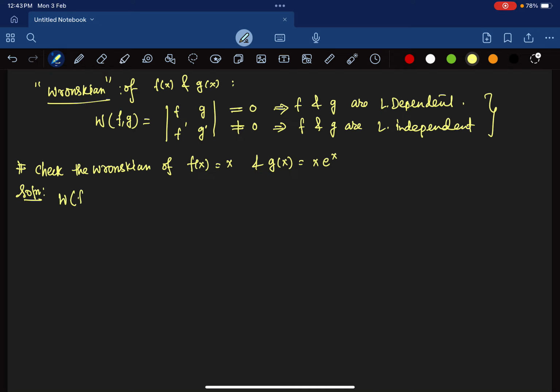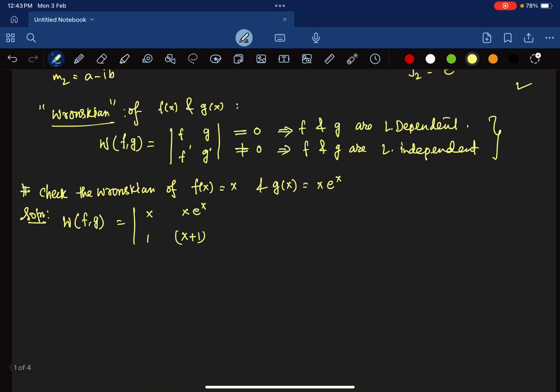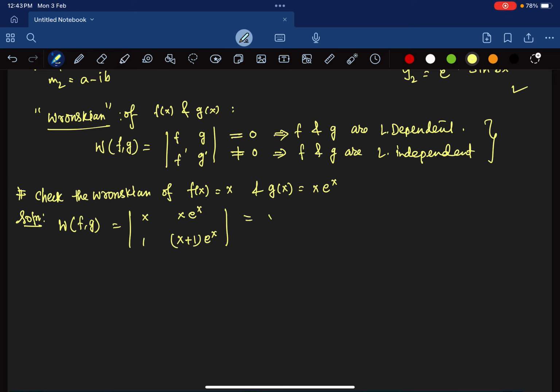So immediately W(f, g) you can find by putting x and x e power x. Here the derivative of x is 1. Here the derivative of x e power x is (x plus 1) e power x. So performing the calculation, you'll get (x square plus x) e power x minus x e power x, so x square e power x.